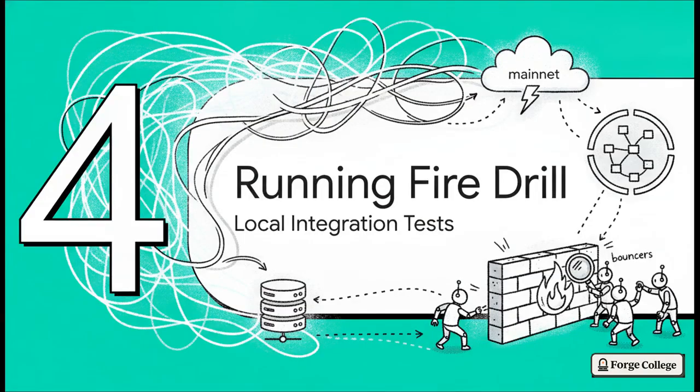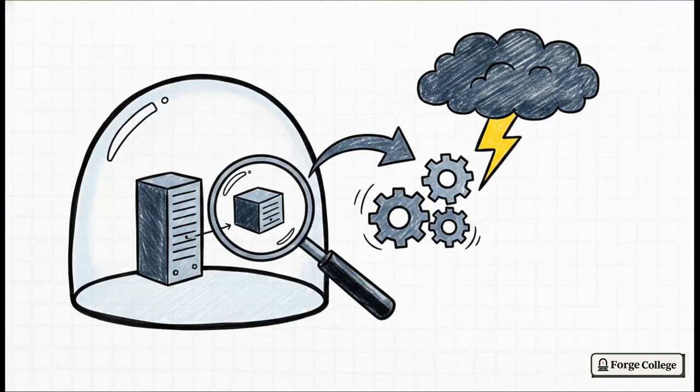Okay, moving to Section 4, running the local fire drill, also known as our local integration tests. You know, in our other Forge College programs, we always emphasize the importance of rigorous testing. We have to test our bouncers locally before unleashing them onto the chaotic mainnet strip. To do this, we use the Anchor testing harness alongside a local Solana validator.